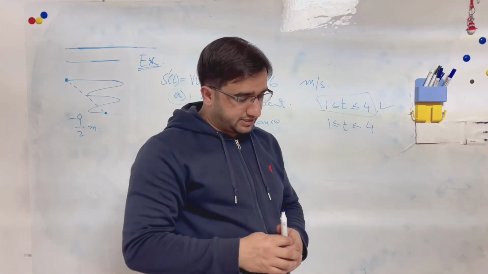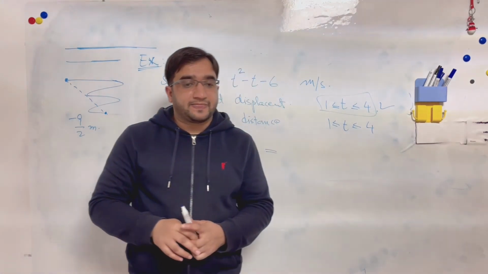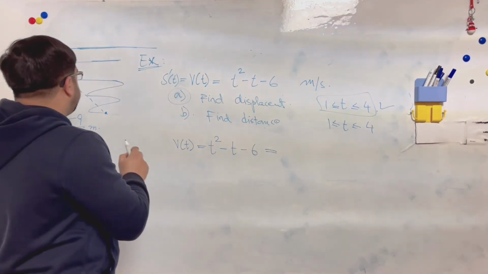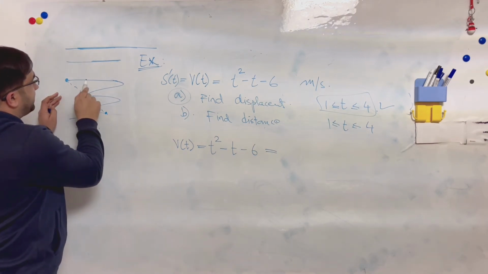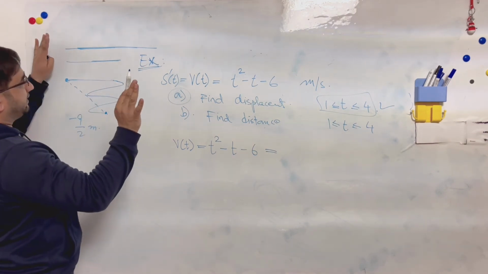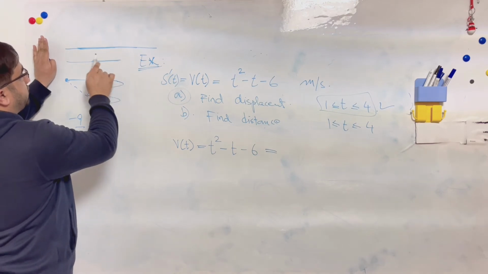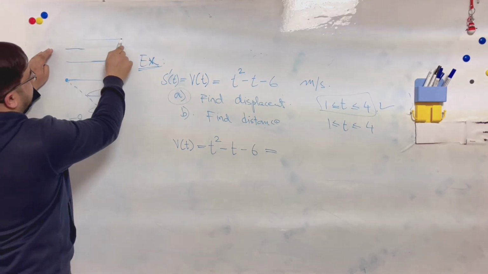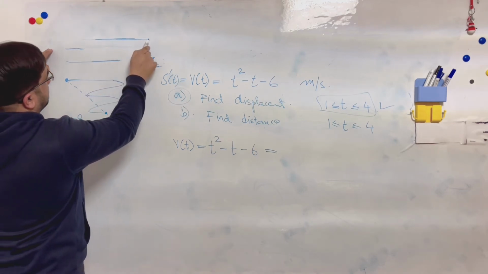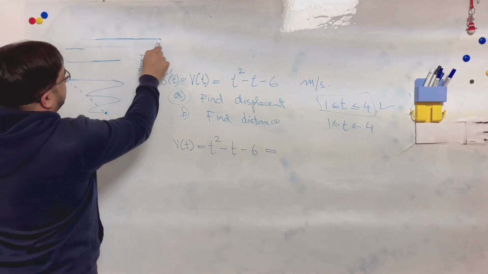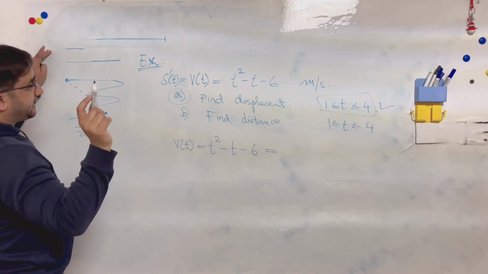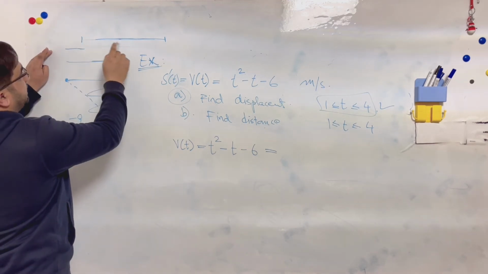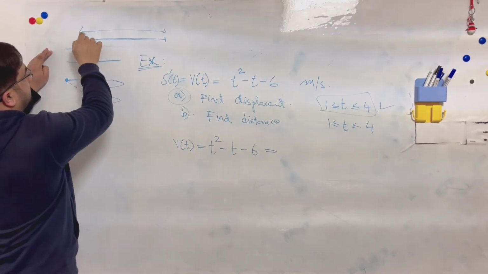No, it is important. I told you already that it is important to know where this is positive. For example, if you don't care about the negative or positive and the particle is moving on the same line, look, it moved like this and it ended here. Now if you don't care about the positive or negative, your answer will be this number.